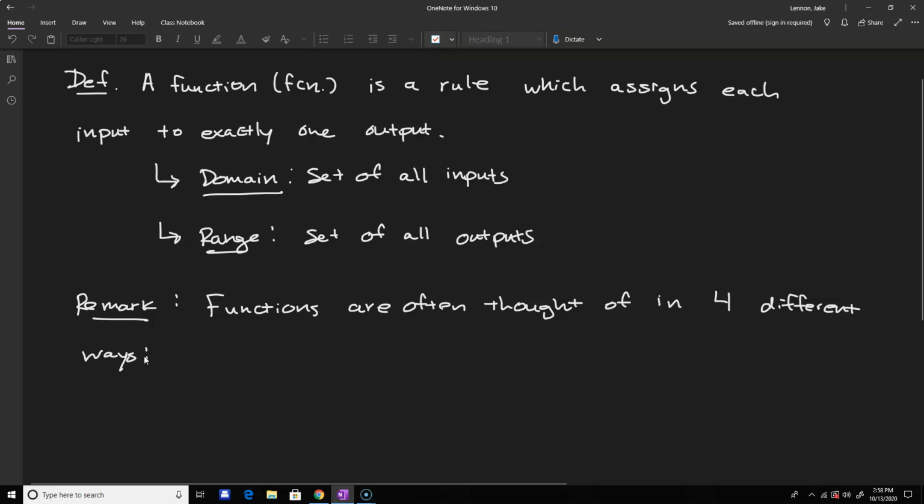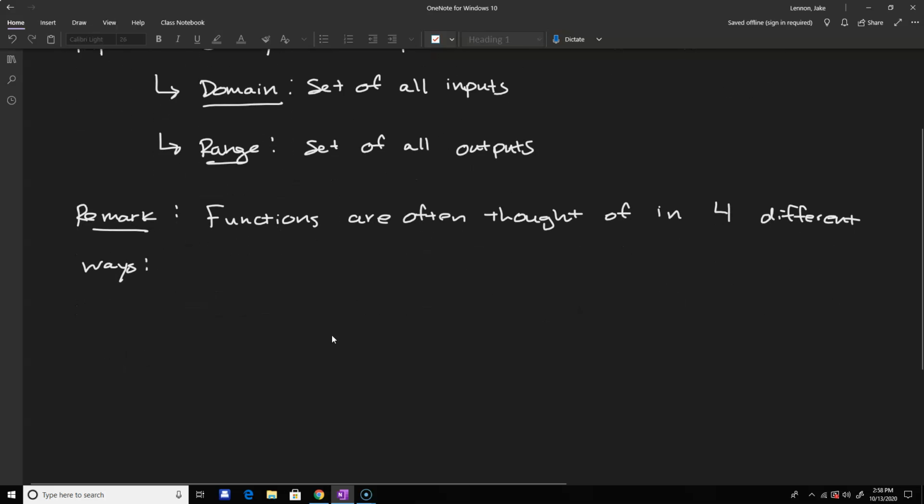You don't always encounter all of these for a particular problem, but just know that functions can often be represented in four different ways. So one, you can talk about a function in words. You can describe a formula by saying, okay, this function takes any input, multiplies it by 2, and then adds 7. That would be a way to describe a function in words.